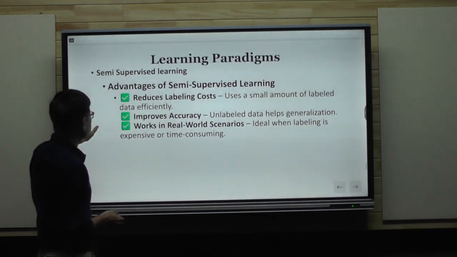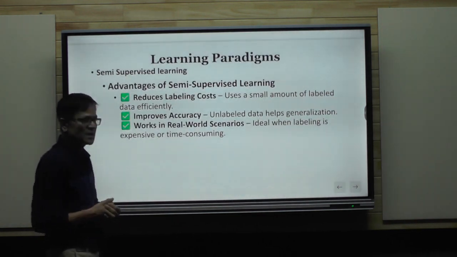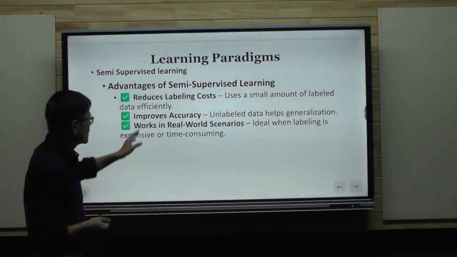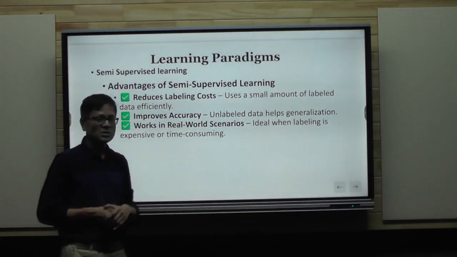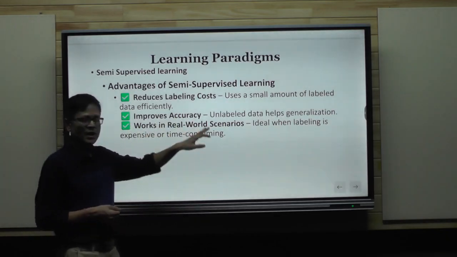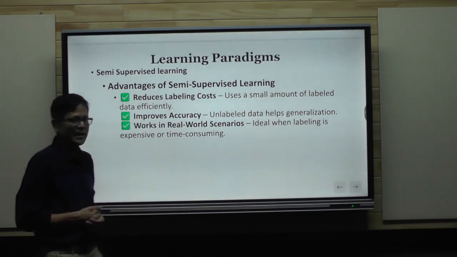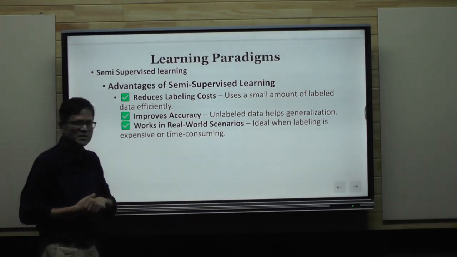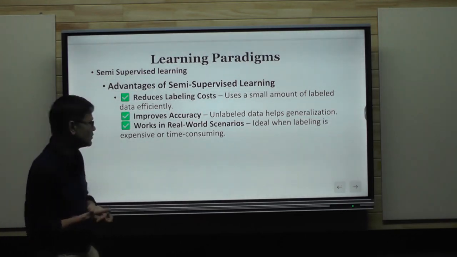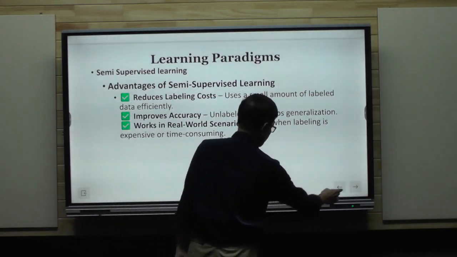So let us see what the advantages of semi-supervised learning are. It reduces the labeling cost, improves the accuracy, and works in real world scenarios. It is ideal when labeling is expensive or you have a limitation of budget and time.